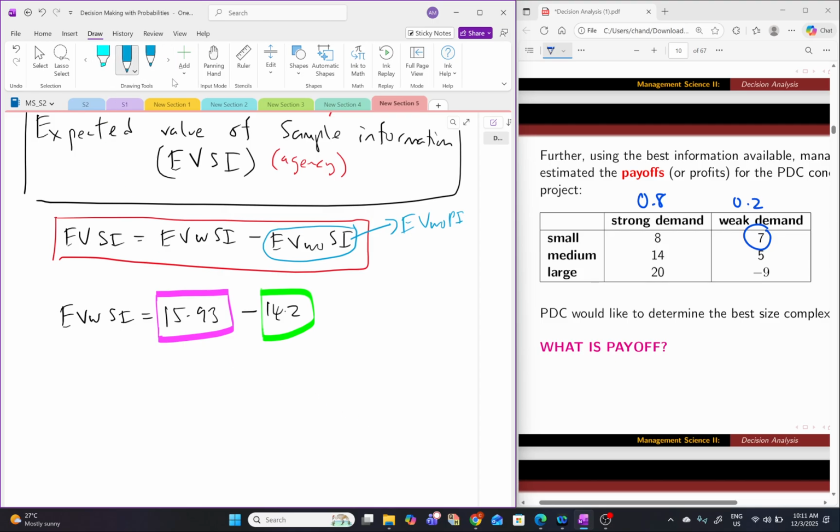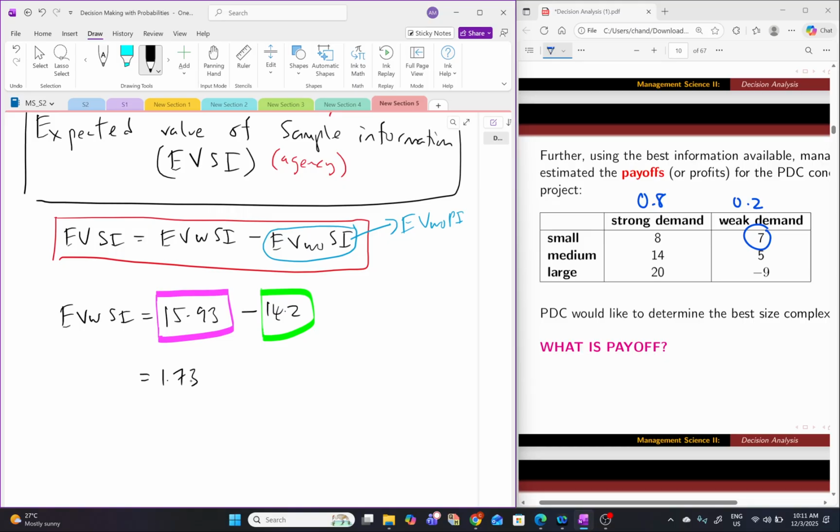So kalau you tolak ni, berapa you akan dapat? .73.